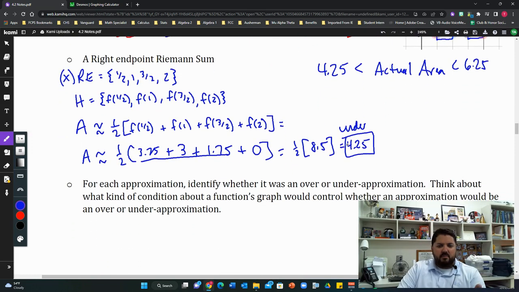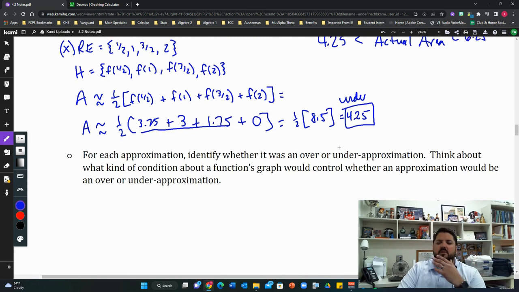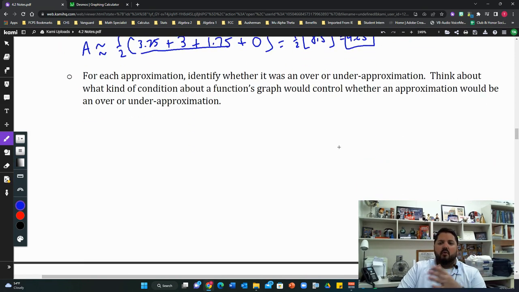Now, for both of those approximations, we do want to always consider whether it's an over or an under approximation. But there's actually some information about the function's graph that will dictate this. It's not always going to be that I have to graph it and look at it. We can use information from an equation to determine whether the approximation will end up being over or under.